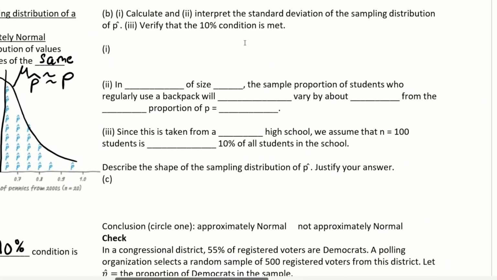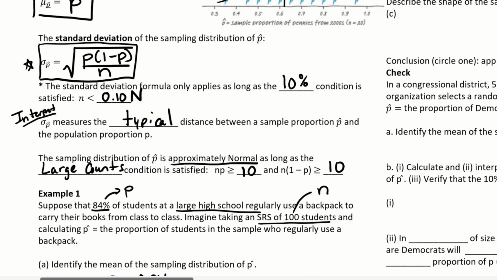Pretty straightforward for that. Part B, calculate and interpret the standard deviation of the sampling distribution of p-hat. Verify that the 10% condition is met. Remember we need the 10% condition in order to use that formula. Well, let's first calculate it. So we get sigma p-hat is the square root of p times 1 minus p over n. So we got square root of, if you may recall, p in this situation is 84%.